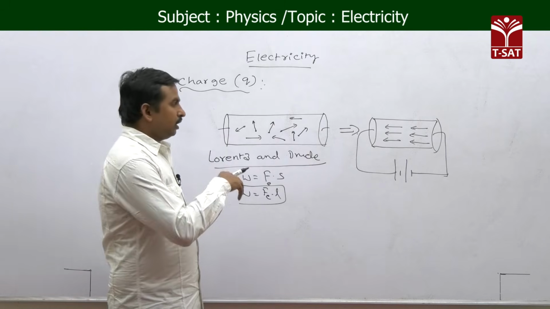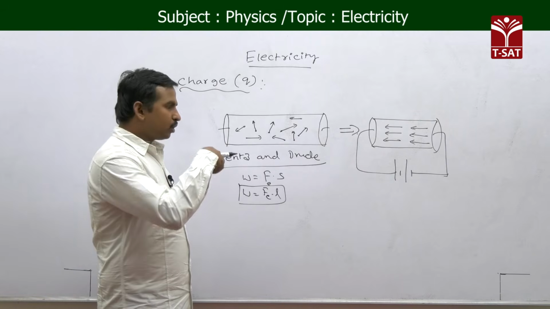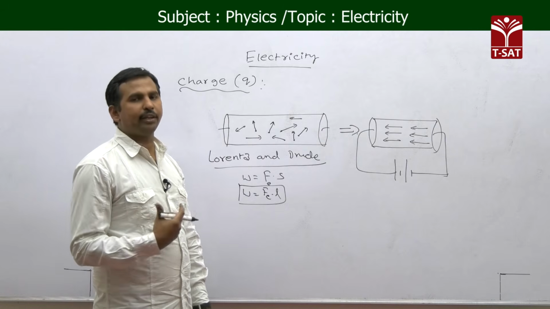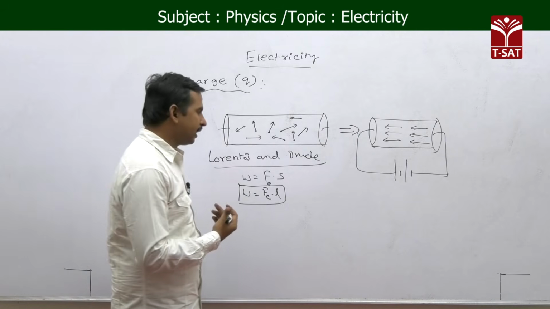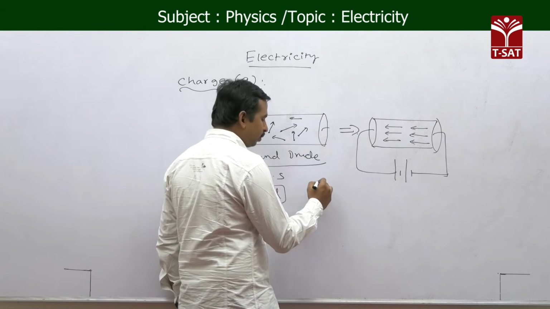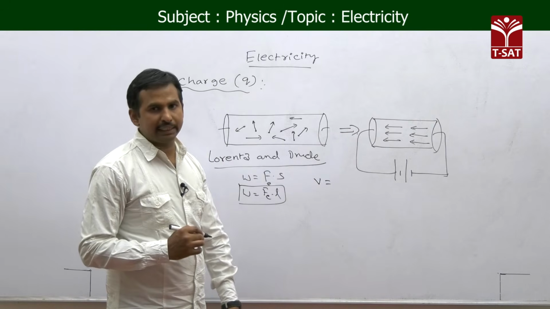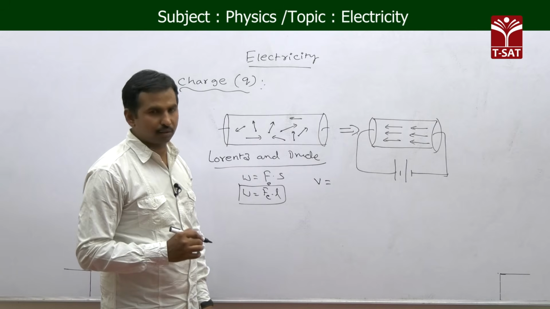Now, on every unit charge, how much work the battery is doing, that we call its potential or potential difference, also called voltage.